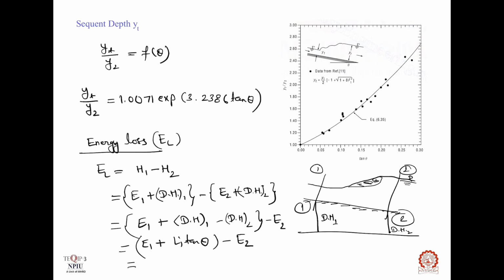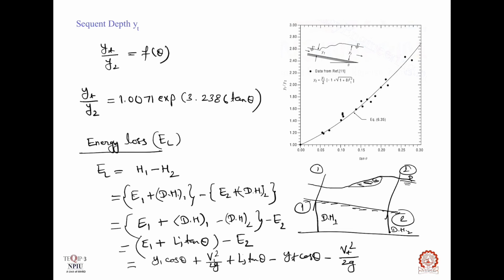E1 is specific energy, that is nothing but y1 cos theta plus V1 square divided by 2g, plus Lj tan theta minus E2. Specific energy at section 2 is yt cos theta plus Vt square divided by 2g. By using this equation we can find the loss of energy in case of sloping floor.